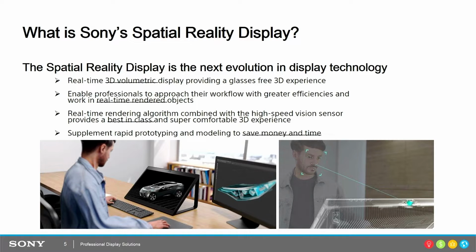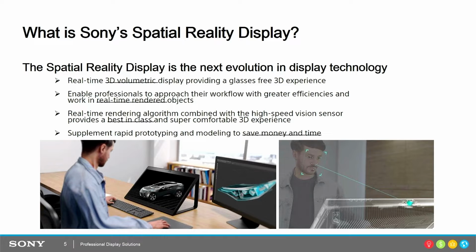And what that does is it enables professionals to approach their workflow with greater efficiency and work with real-time rendered objects. In a professional capacity, things like rapid prototyping and 3D printing are very prevalent in the industry, and all of those things take time and money. What we're able to do with the spatial reality display is an intermediary step, so to speak, between the time it takes to print or create a rapid prototype.